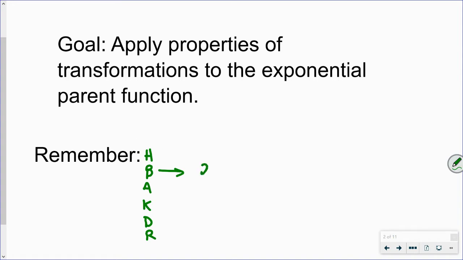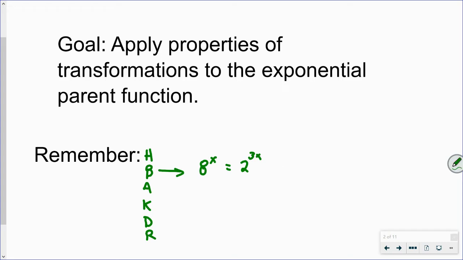That is, if we look at 8 to the x, that is the exact same thing as saying 2 to the 3x. Okay, yes, 3 would be a horizontal compress, but 2 to the third is 8. So we don't need to worry about this b value.